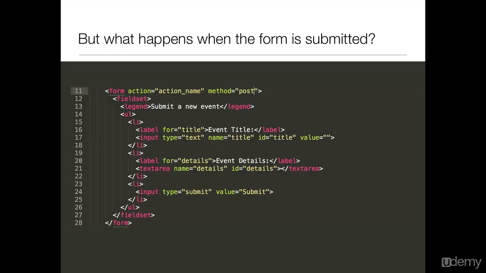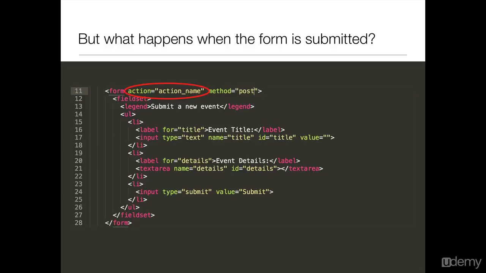So this is just about HTML, so we're not going to get into the details of that. But generally, you will need to add 2 additional attributes to your form tag. One is the action, and the precise syntax that you will use for the action name will depend on the server-side technology you're using.